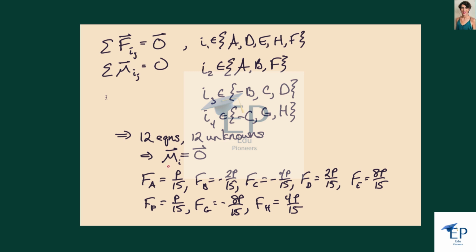Now it turns out that all the moments are 0. I suppose we could have assumed that to begin with, but we would have then had some redundant equations that would have just been trivially satisfied, but it's hard to know that to begin with.